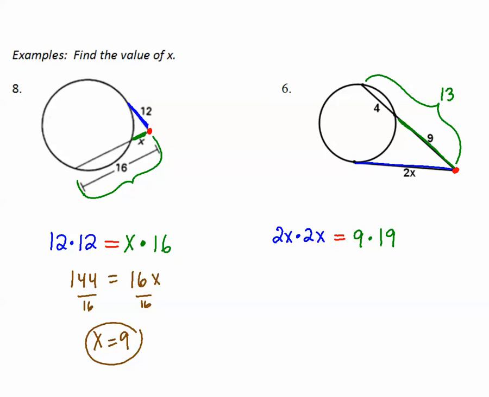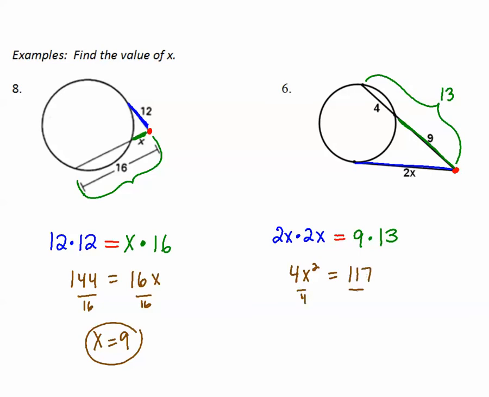Now we can solve the equation. 2x times 2x, 2 times 2 is 4, and x times x is x squared, so 4x squared equals, and then I have 9 times, oh, I just saw I wrote 19 instead of 13. Well, let's fix that immediately. 13 right there. So 13 times 9, that's 117.